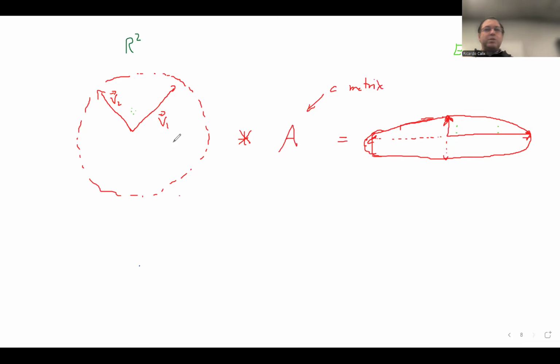But because we rotated them, I'm going to change the name from v1 to u1. Do you see that? Just to indicate that this is now a rotated vector. And the other one, v2, is going to be u2. This is pretty important, okay? That accounts for the rotation.